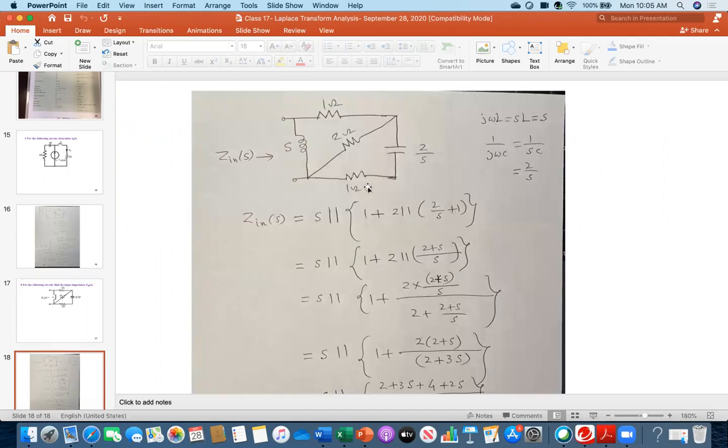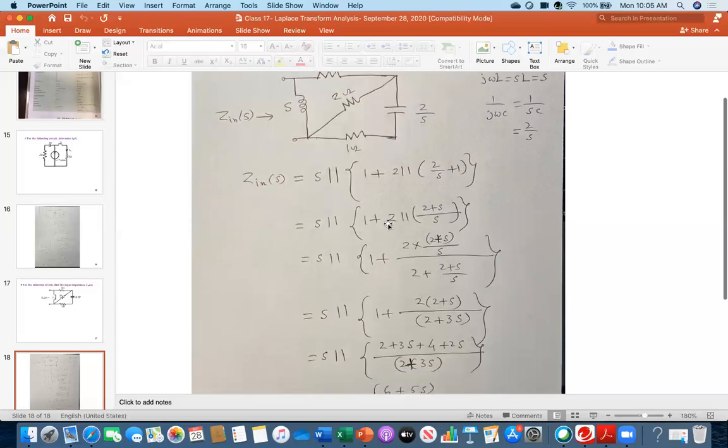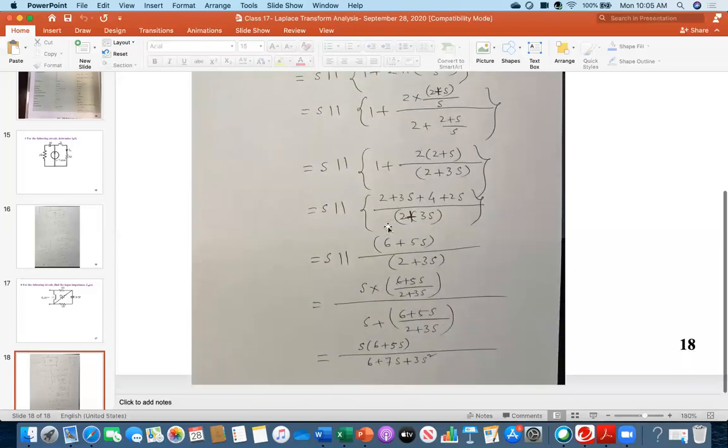You look, 1 plus 2 over S, which is in parallel with 2, therefore 2 parallel with this one, and then that combination is in series with 1, and then this whole combination is in parallel with this one. And then you just simplify. This is your result. In the numerator is 6 plus 5s, denominator 6 plus 7s plus 3s square. That's the result. I cannot simplify much more than that.